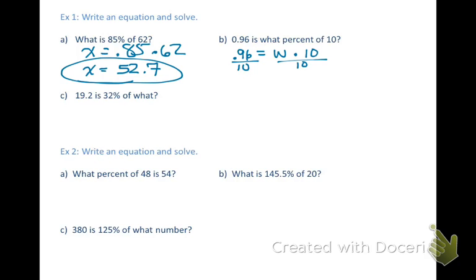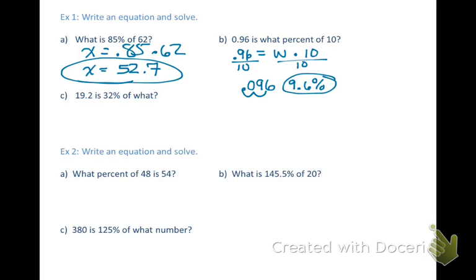So it's 0.096, and then it says what percent? To get an answer, you have to move it over twice to the right. 9.6%.